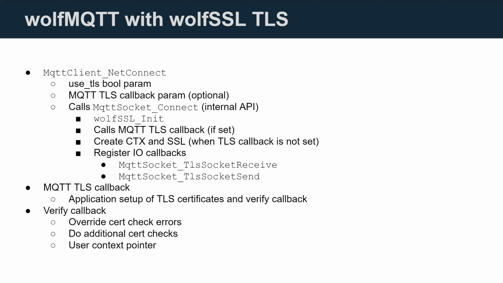You can also set up a verify callback, which can be used to override the client-side failures during the TLS connection. You could also use the callback to do additional verification of the server certificate during the handshake. The verify callback also takes a user customizable context field. In the examples, we pass the MQTT client structure, but it could be any data relevant to your application.